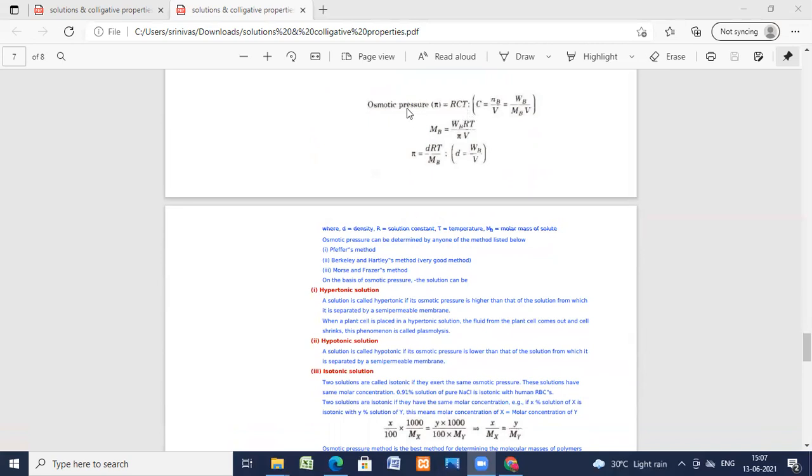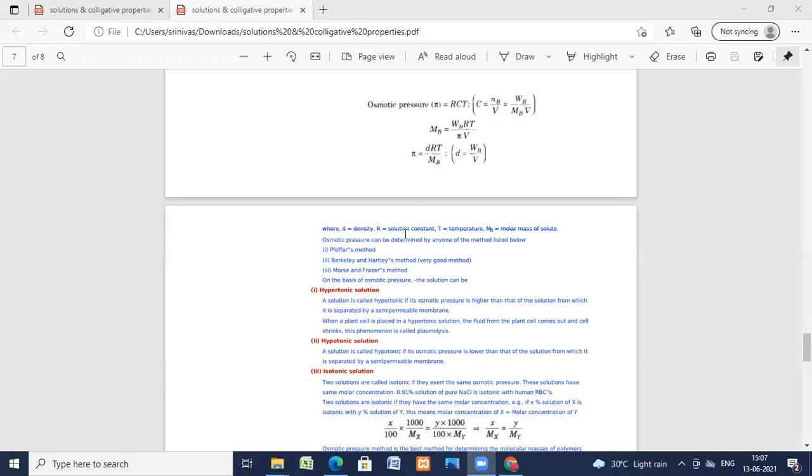Now MB goes to the left side and pi to the right side: MB is equal to WB RT by pi V. Also, pi is equal to dRT by M, where d is the density, mass by volume, W by V.